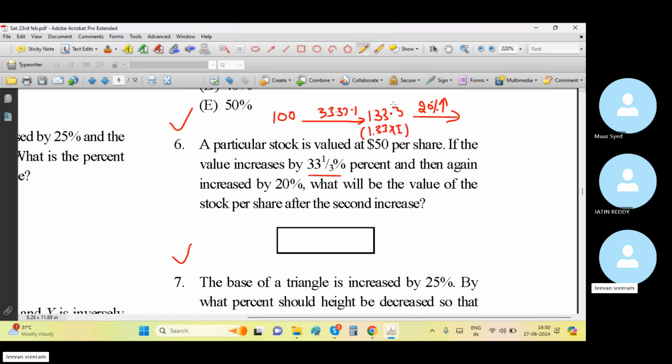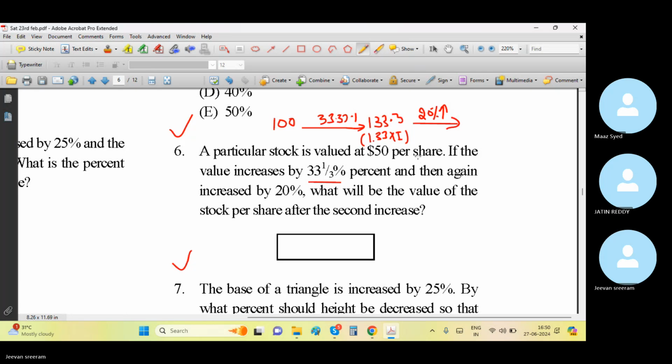If there is 100 initially, a 20% increase means 120, so 20% increase means 1.2 times. So first 33%, it's going to be 133.33, then 1.2 times of that. A 20% increase means 1.2 times of the initial value.